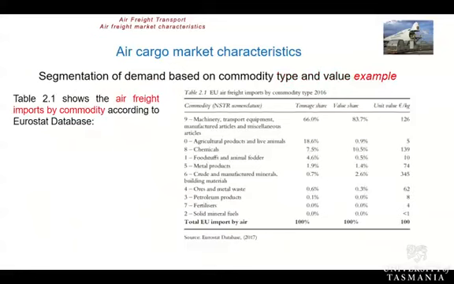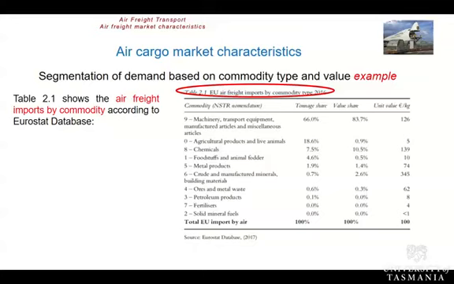So, we're going to use an example to look closely at the type of products which are carried by air cargo. We're going to unpack some of those 30%, 30% Dolganis study figures to understand a little more about each of those groupings. Now, this particular slide is on air freight imports by commodity type in 2016 into the EU.